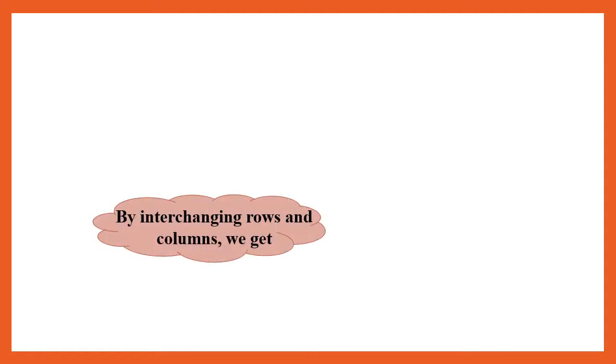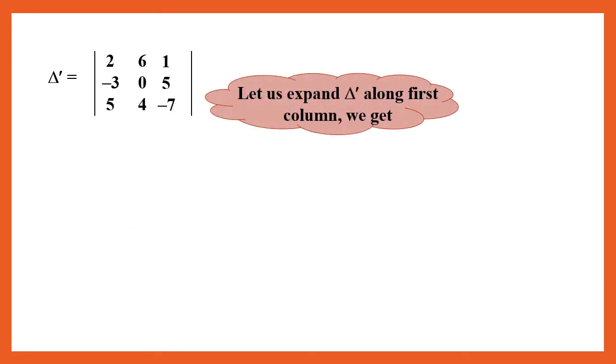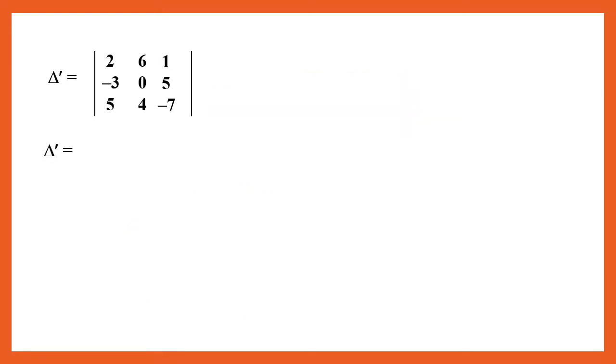So next we will interchange the rows into columns. So delta dash will be 2, minus 3, 5; 6, 0, 4; 1, 5, minus 7. We will expand it along the first column. So 2 into the determinant 0, 5, 4, minus 7.